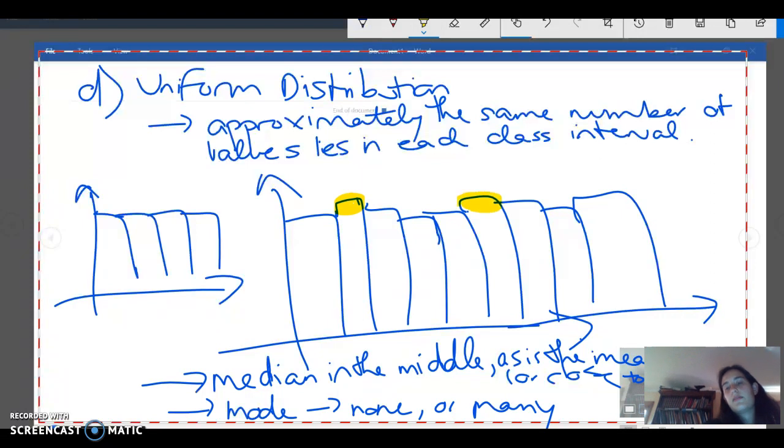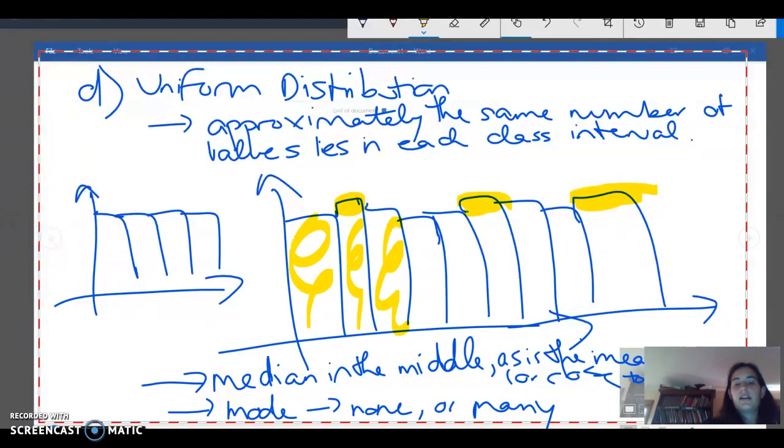It's the same height as that, which is the same height as that. So the modal classes, remember each of these is called a class interval. That's a class interval, that's a class interval. From there to there is a class interval. All of this, from there to there, all class intervals. But the modal classes are the highest ones, and it's about 3.